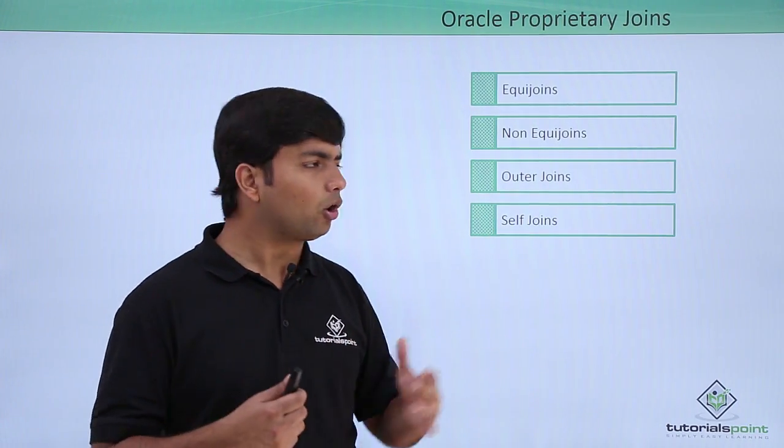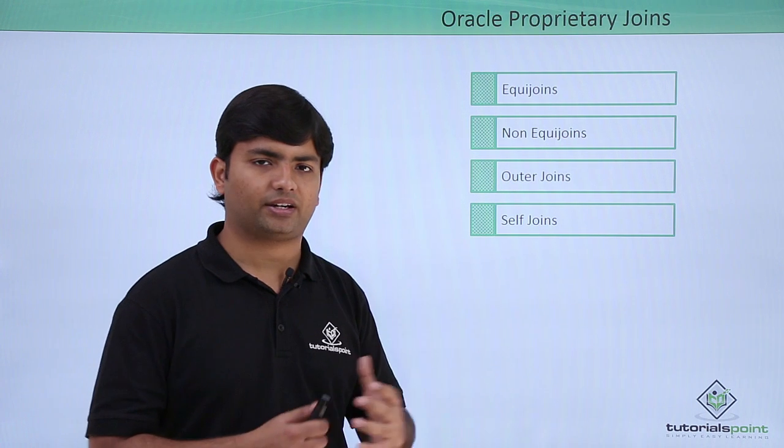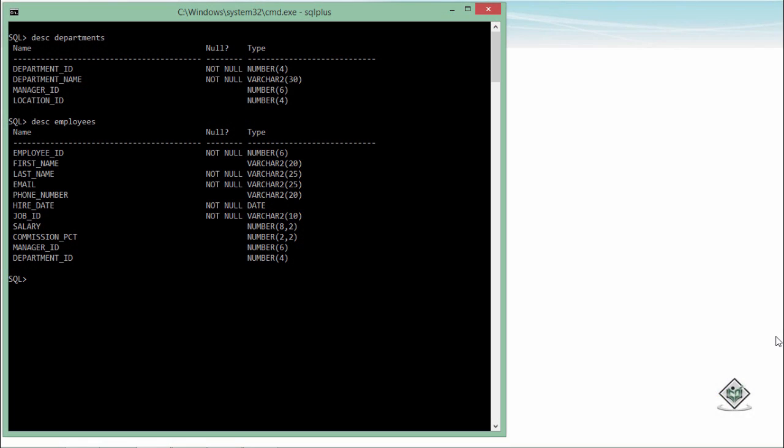So let us see all these kinds of joins practically. For retrieving data from multiple tables, here I have the structure of two different tables. The first one is the departments table, where we have the department ID, department name, manager of that department, and the location ID. In the employees table we have the employee ID along with some employee details and again a department ID.